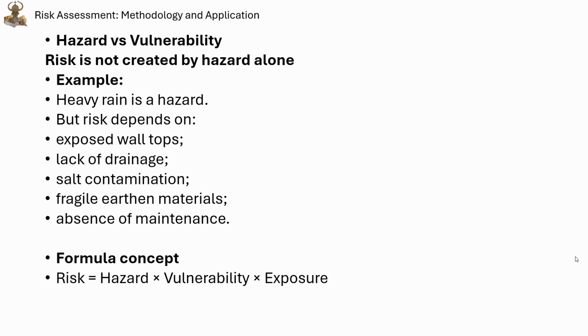We cannot stop rain, wind, or temperature changes. What we can do is reduce vulnerability and exposure. This is why preventive conservation focuses so strongly on maintenance, shelters, drainage, monitoring, and environmental management.